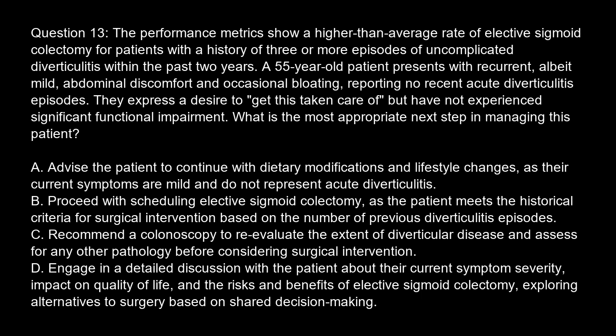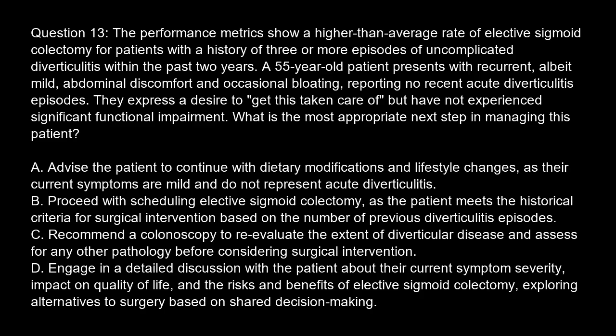Option A. Advise the patient to continue with dietary modifications and lifestyle changes, as their current symptoms are mild and do not represent acute diverticulitis. Option B. Proceed with scheduling elective sigmoid colectomy, as the patient meets the historical criteria for surgical intervention based on the number of previous diverticulitis episodes.